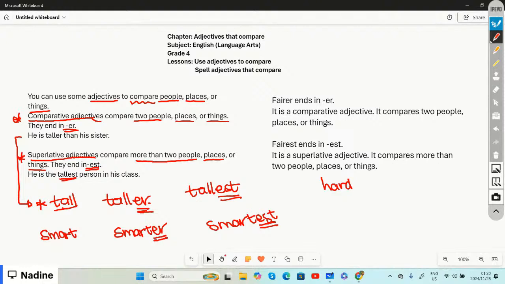And if you compare the other sum to the first sum, then we can say it is harder, meaning that the second sum is harder than the first sum. But now you're doing more sums and you get to the fifth sum, for example, and you're like, oh wow, this is the hardest because you're comparing it to more than two of your questions or sums. So hard, harder, hardest. Well done.